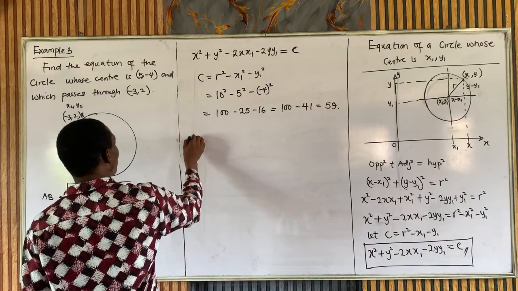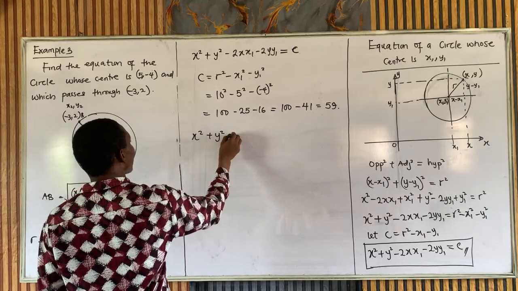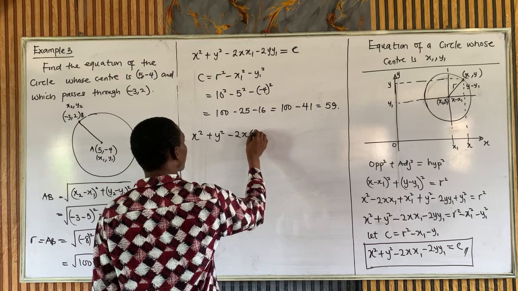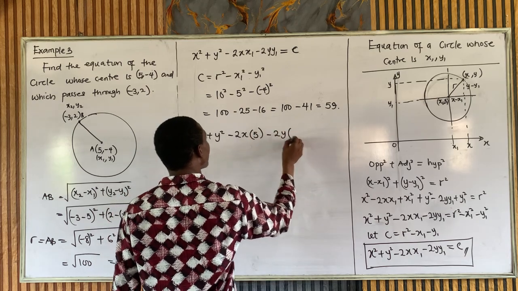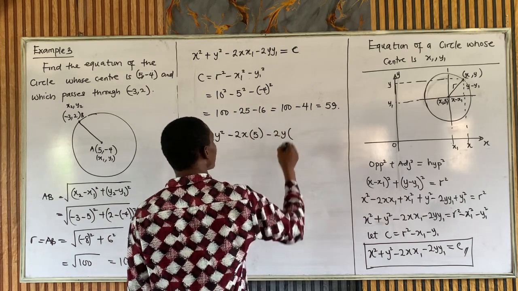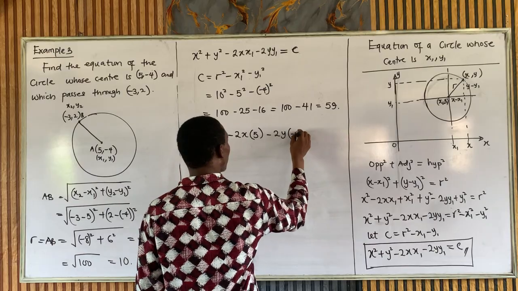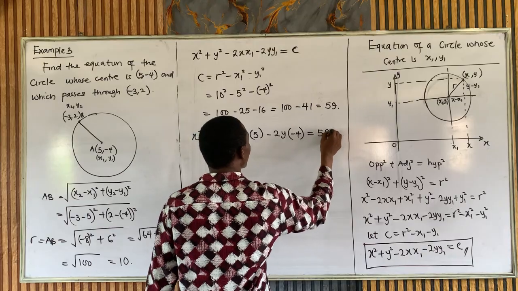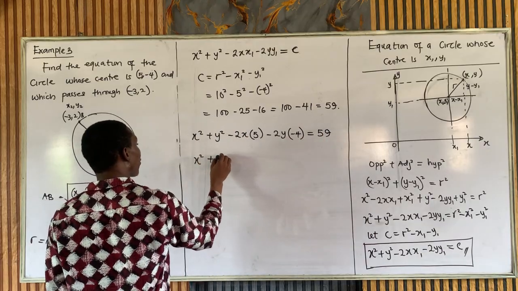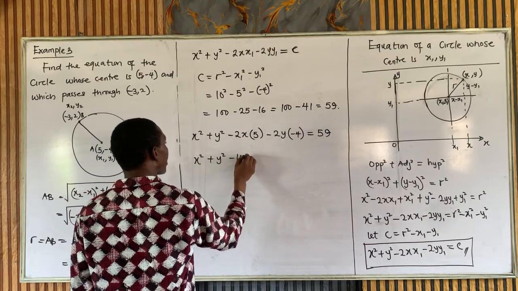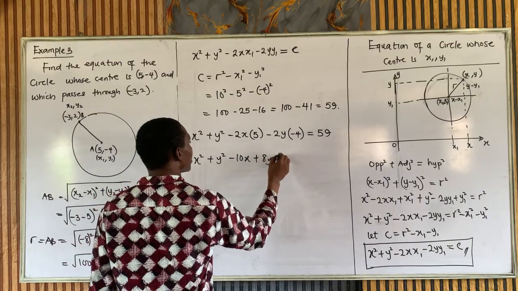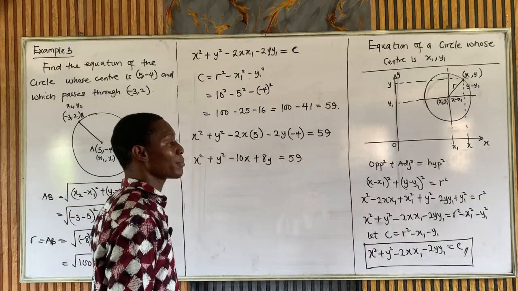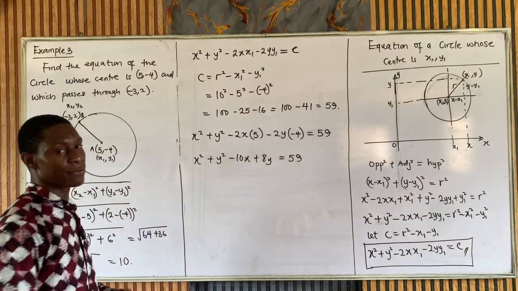So our equation becomes x squared plus y squared minus 2x into our x1, 5, minus 2y into our y1, minus 4, is equal to our c, which is 59. So this will become x squared plus y squared minus 10x plus 8y is equal to 59. And you can bring the 59 inside to become minus 59, or you can stop here. So that's that for this example.